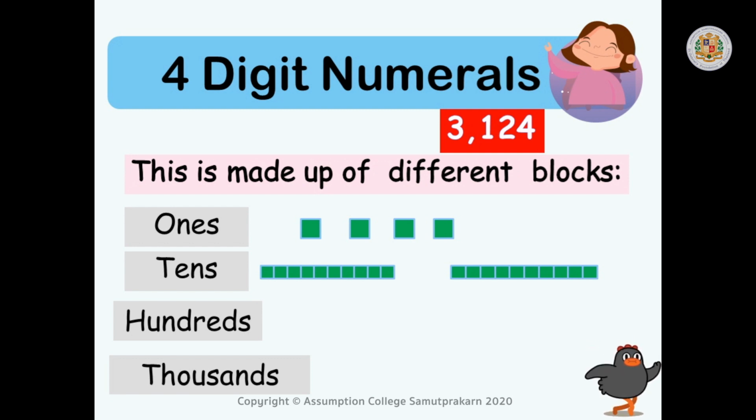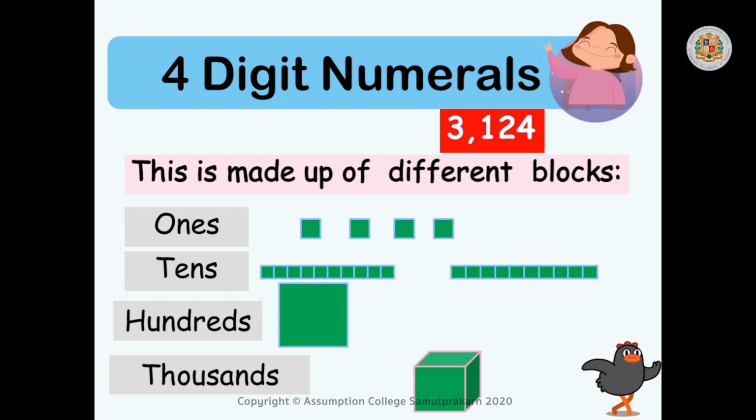Since digit 2 is in the tens place, we will use 2 rectangles to represent 2 tens or 20. Next, in the hundreds place, what digit? It's correct. Digit 1. This time we will use a big square because 1 square represents 100.